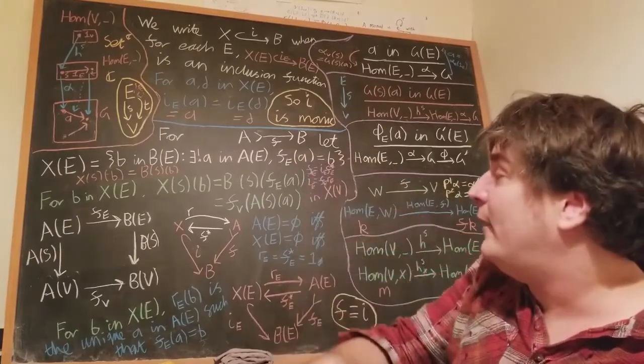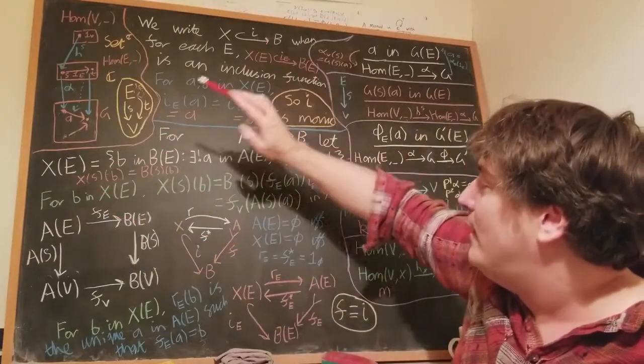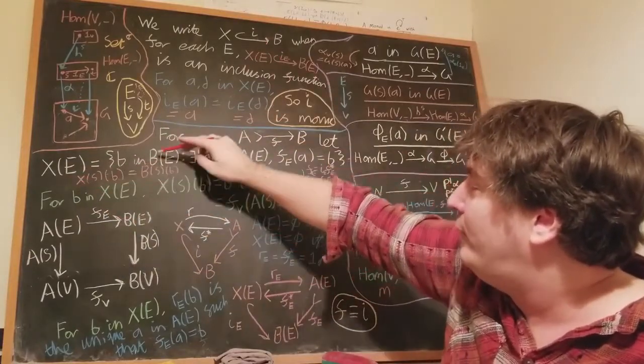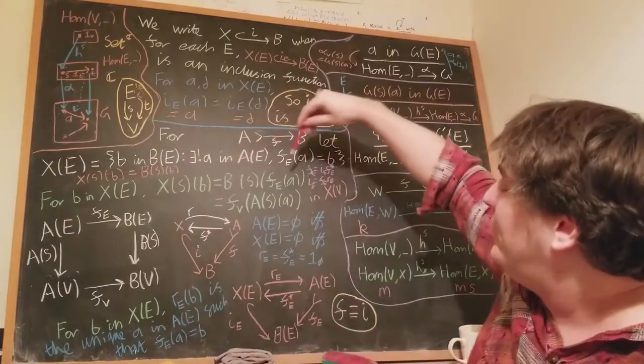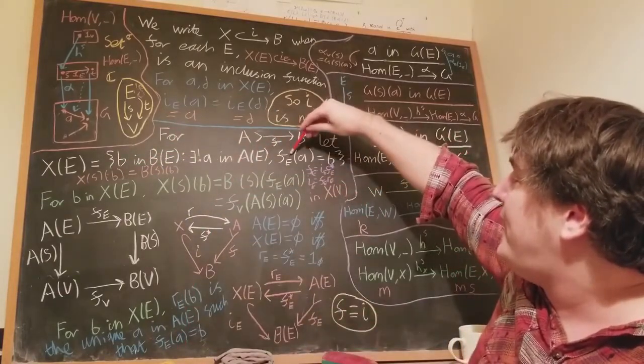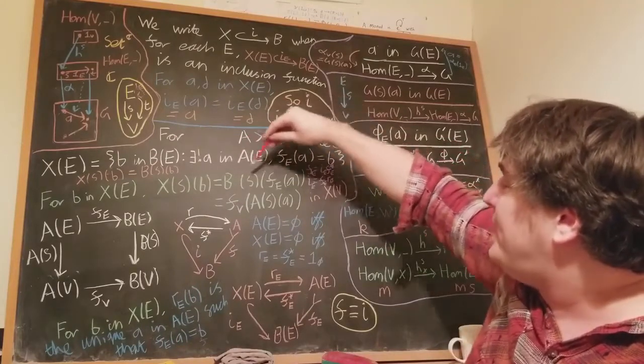And conversely, let's say we knew that X of E was the empty set. Well, that would mean that there aren't any E-type elements of B which have something sent to them under F of E, and that must mean that A of E is the empty set.